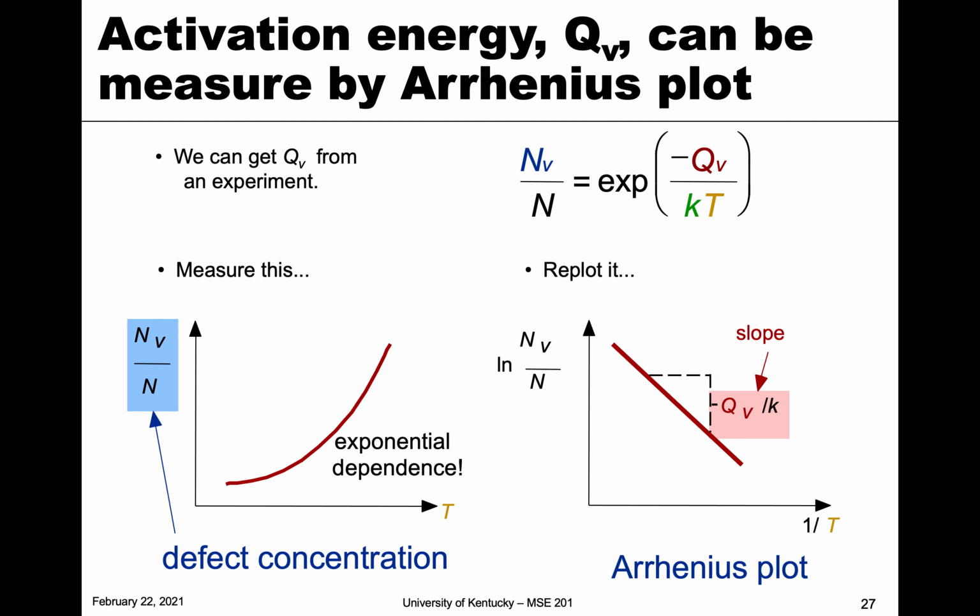And that's when we basically rearrange this, if you think about it, take the natural log of both sides, and that would allow us to plot the natural log of that fraction versus 1 over the temperature. And in that case, this linearizes this expression over here, and the slope is going to be related to Q over k.